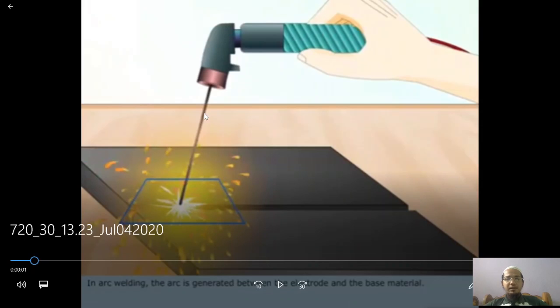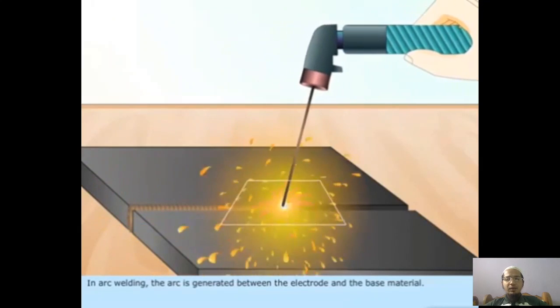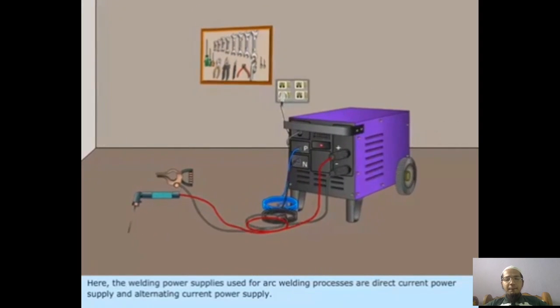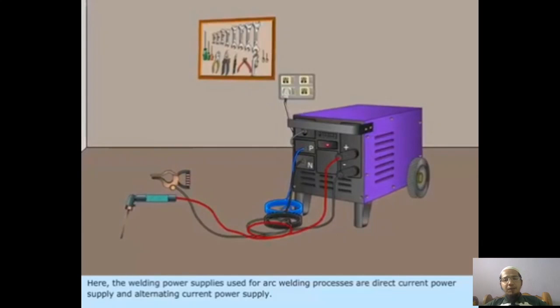Here you can see this is the electrode and this one is the base material. Now this arc welding can be done by means of direct current supply or alternating current supply. Let's see how it can be done by means of direct current power supply.